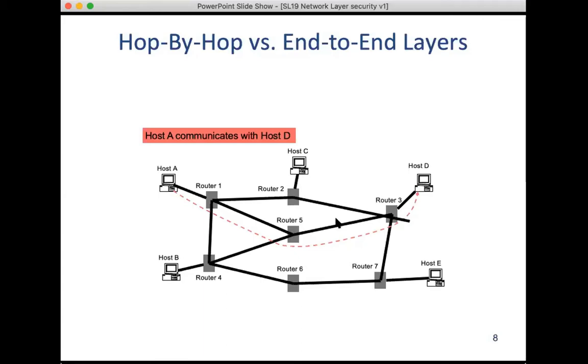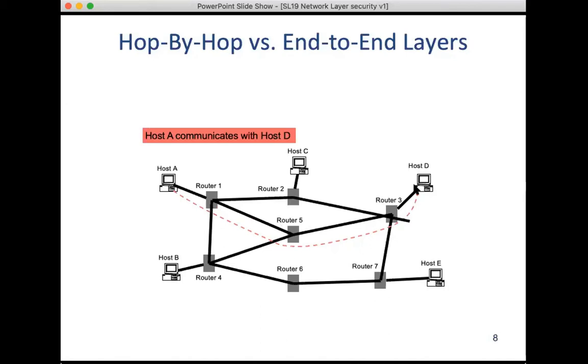Router 5 may be connected to router 3 over some other kind of link, maybe SONET. And this link could be something else, maybe again Ethernet or Wi-Fi. So we can see that a path consists of a number of links.